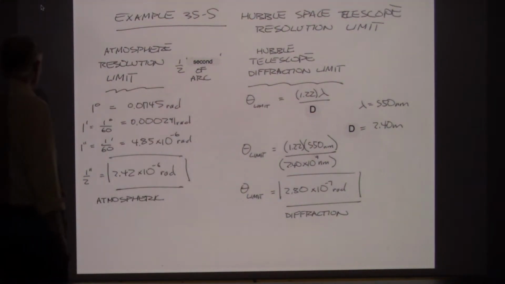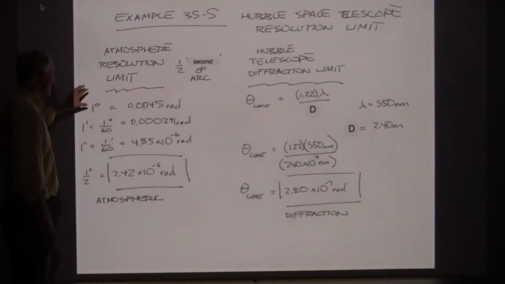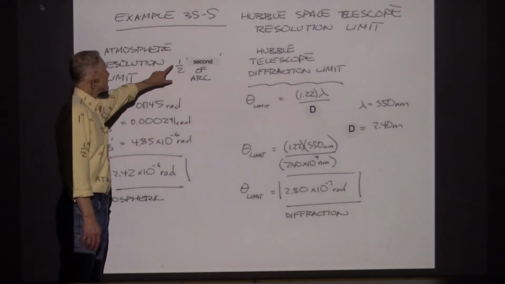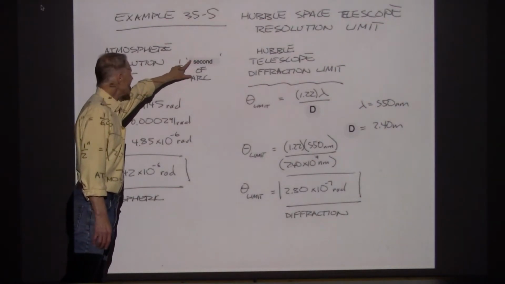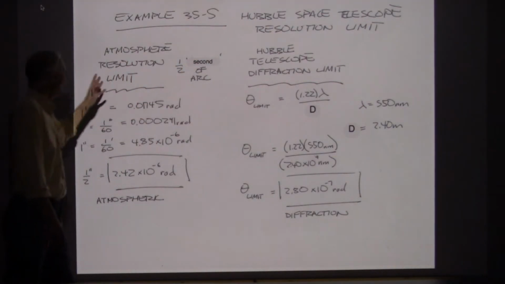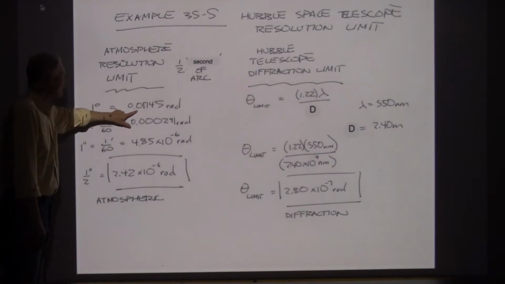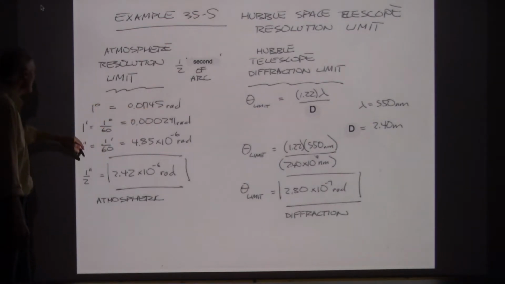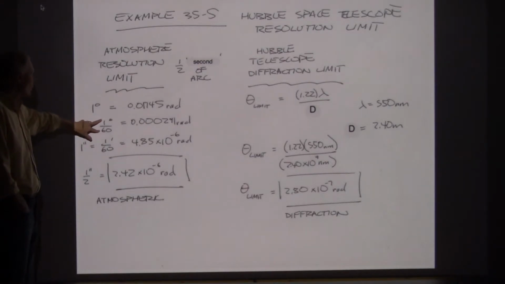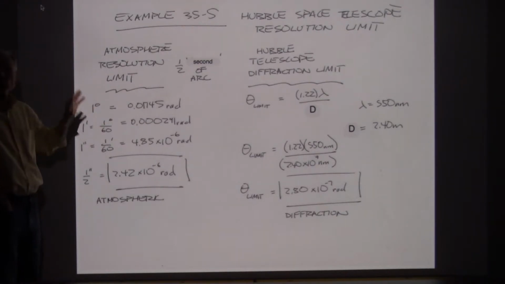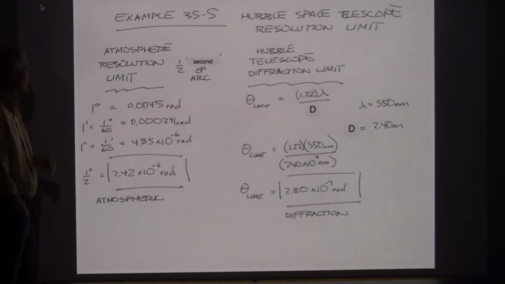And so the atmospheric resolution, they say, is about a half second of arc. Now, if you know angular measure, 1 degree is about 0.01745 radians. 1 minute of arc is 1/60 of a degree. This was not my idea to define these units.